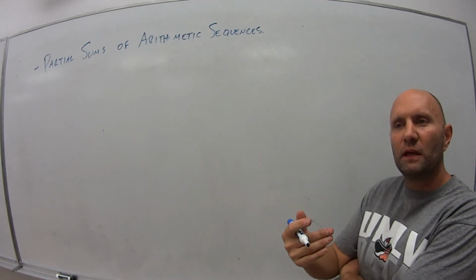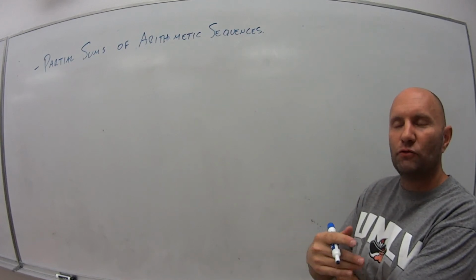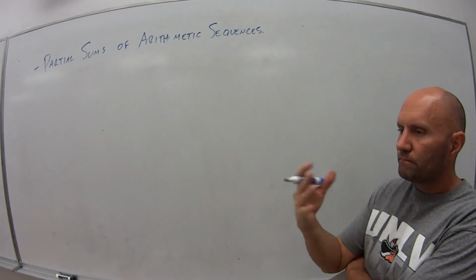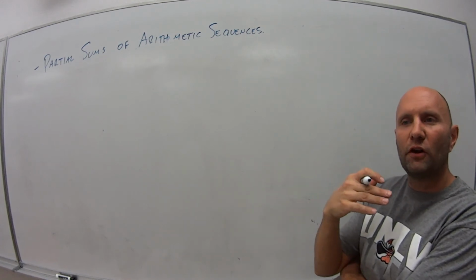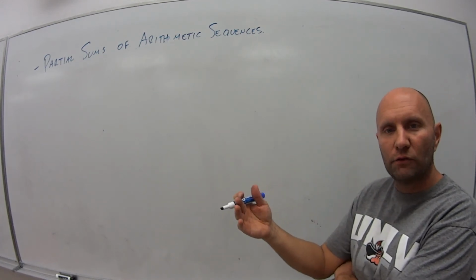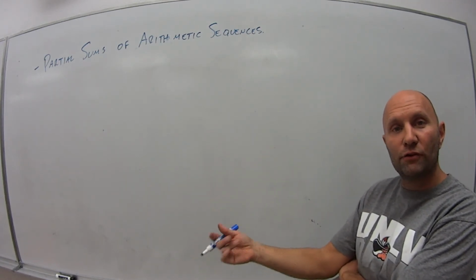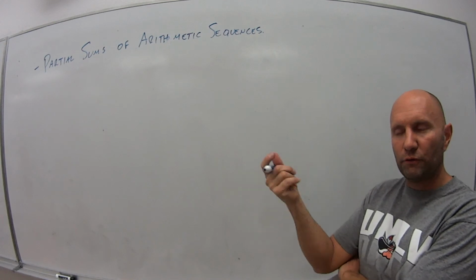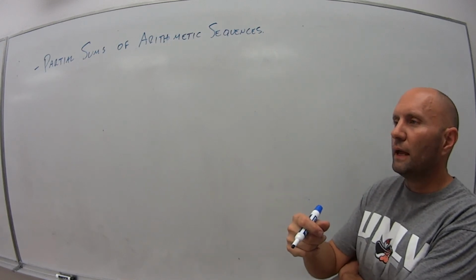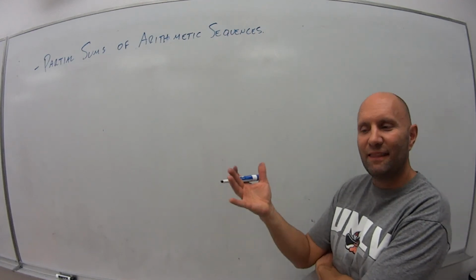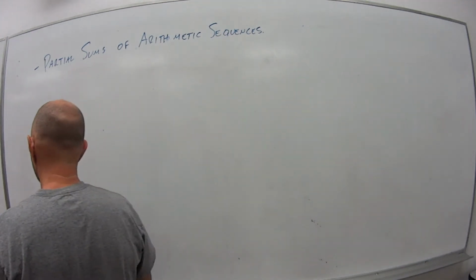These formulas I'm going to give you will give you that value. So a common kind of problem you might see would be somebody has a starting salary of $30,000. They get a $2,000 raise every year, so that's our difference, $2,000. And we want to know how much will they have made after 20 years. That's what these formulas are going to do for us.